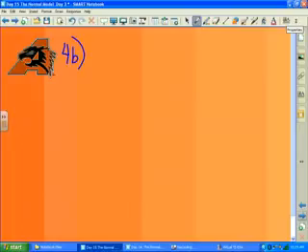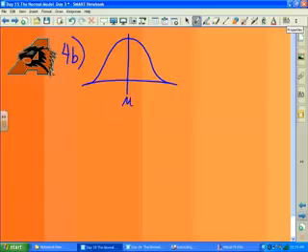Find the interquartile range. Okay, so what do you know about interquartile range? Well, interquartile range would be 25% and 75%. So we have to go find out what those z-scores are.